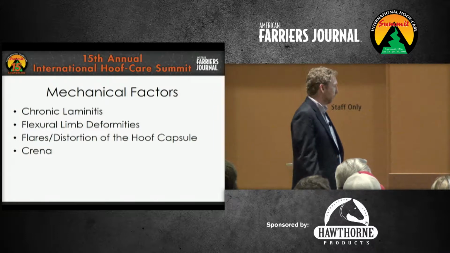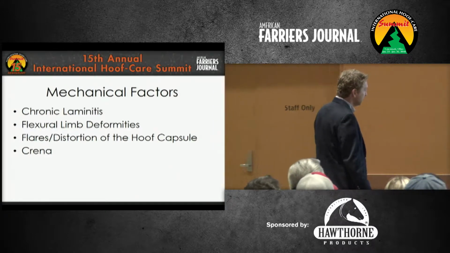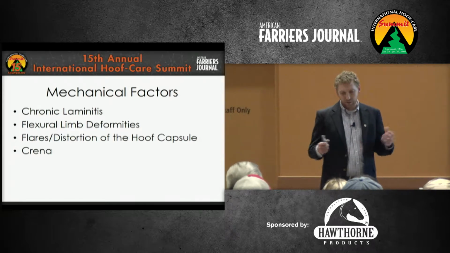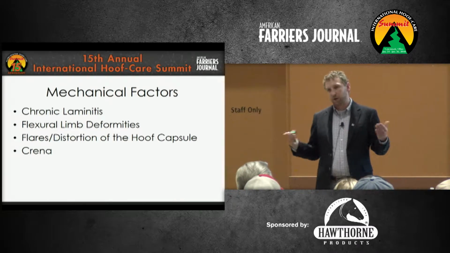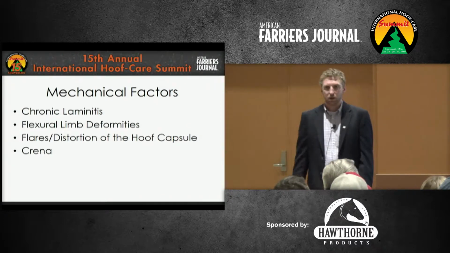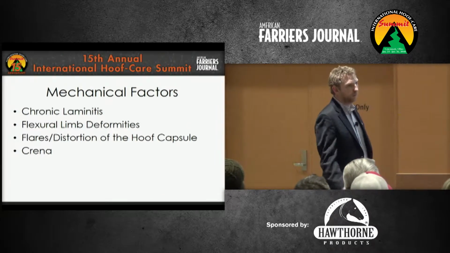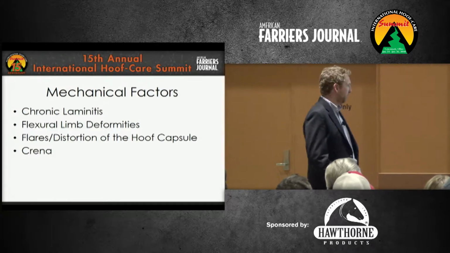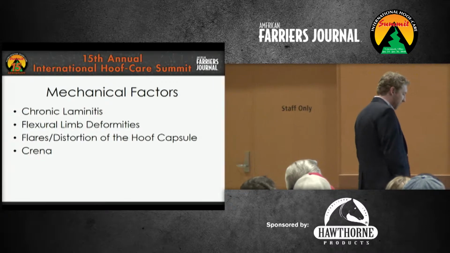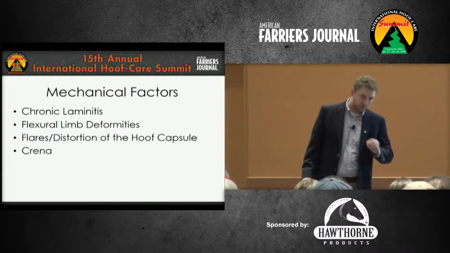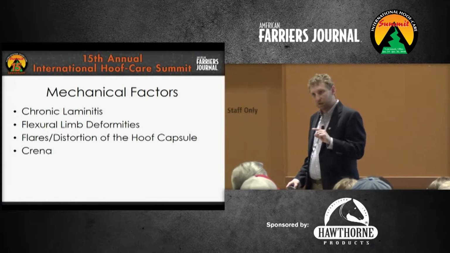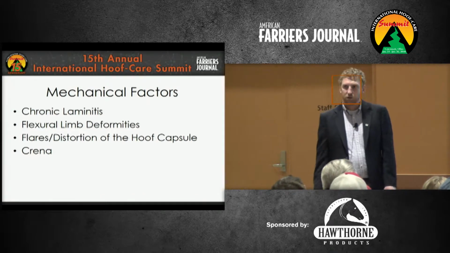Flares and distortion, so allowing feet to become distorted by not trimming them on a routine cycle. All these things are thought to predispose a horse to white line disease. And then it's been discussed a lot that the crena, or the shallow notch in the dorsodistal margin of the distal phalanx, predisposes a horse to white line disease.